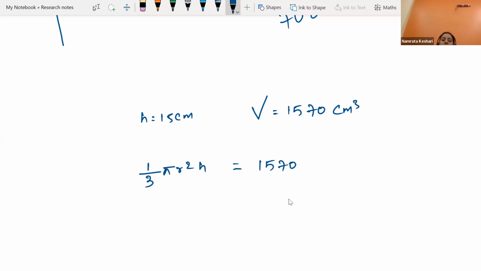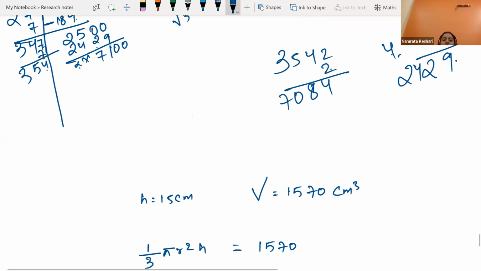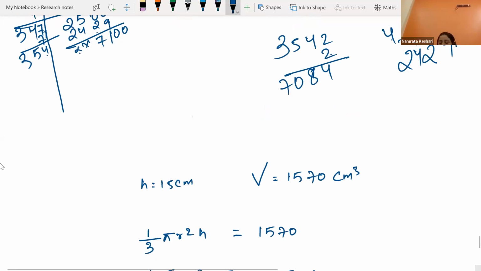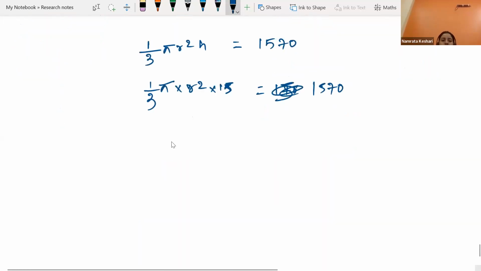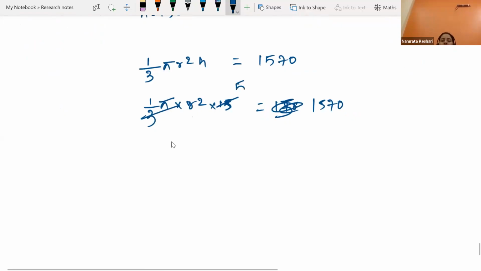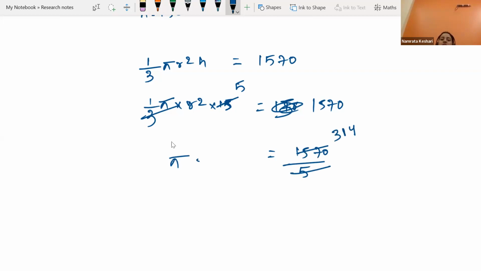Okay, 1 by 3, I'm keeping pi as it is for now. r square, h is 15. We can see that 3 and 15 will cancel out each other. So 5 will go in the denominator. 1570 divided by 5 is 314. So pi r square is 314. Okay.